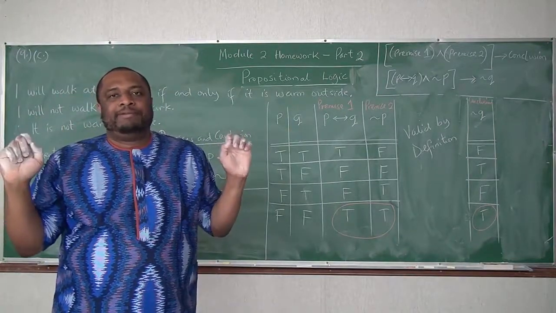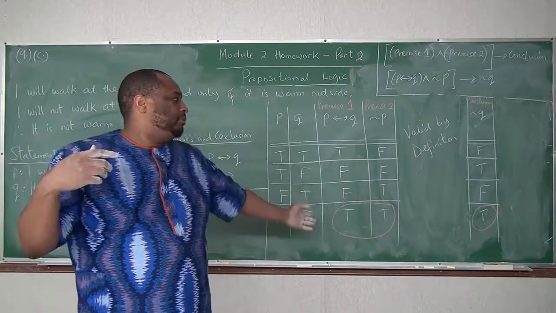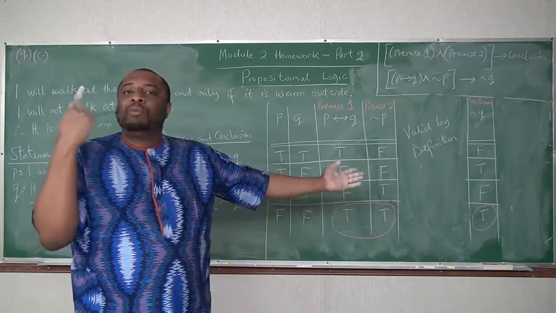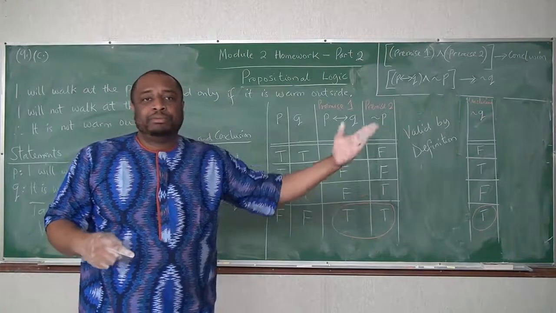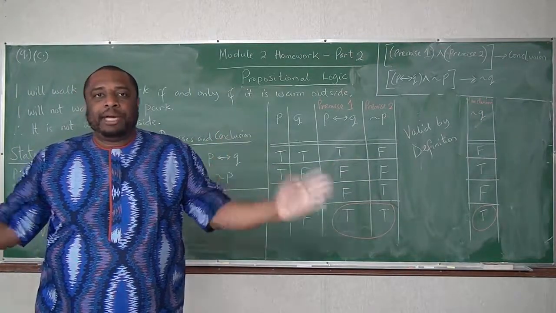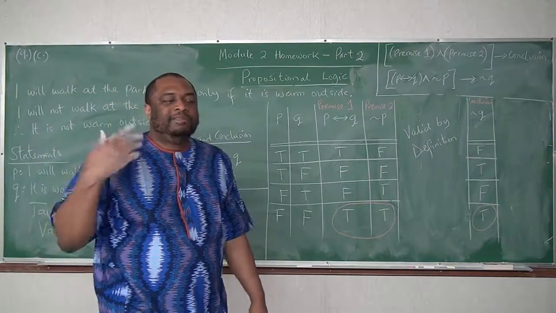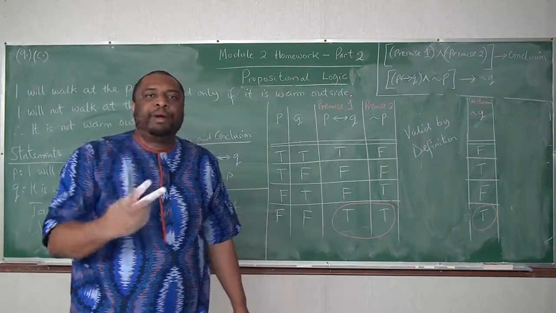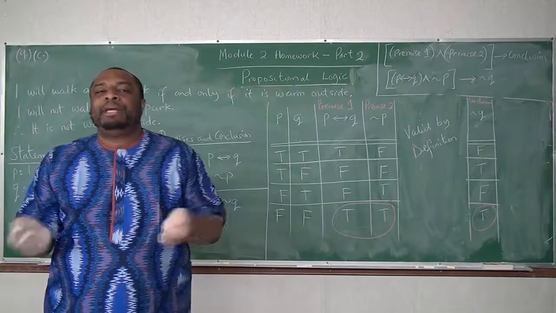But here, we have only one case where both premises are true, and the conclusion is true, so the argument is valid. Or if there are no cases at all where both premises are true, the argument is valid.